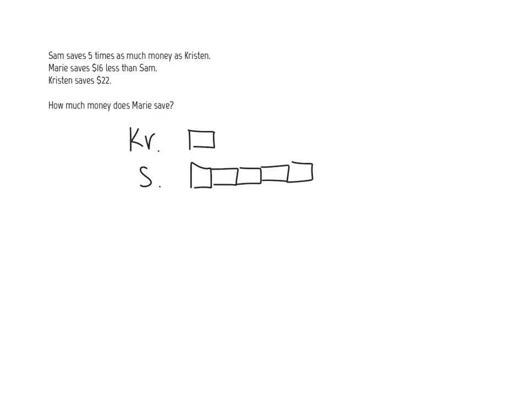And then we have that Marie saves $16 less than Sam. Okay, so here's an example where now we have Marie and her amount is not tied to these units that we've been drawing. So Marie's amount I know is less than Sam's. Okay, and I know it is going to be $16 less.